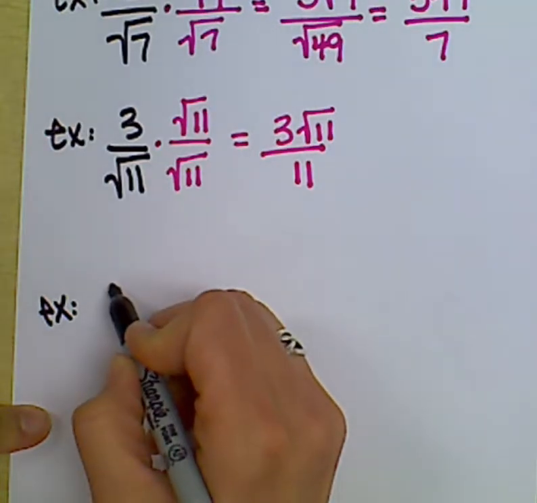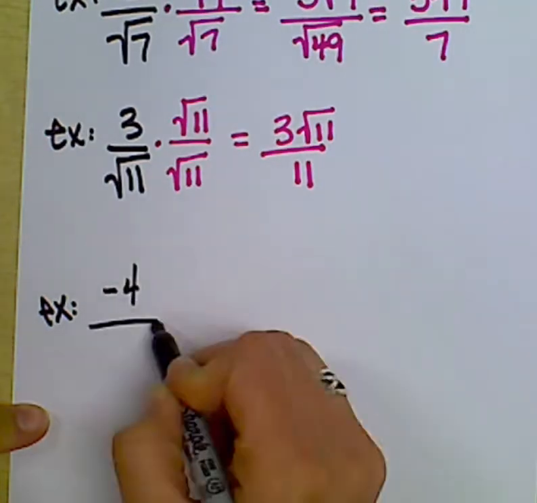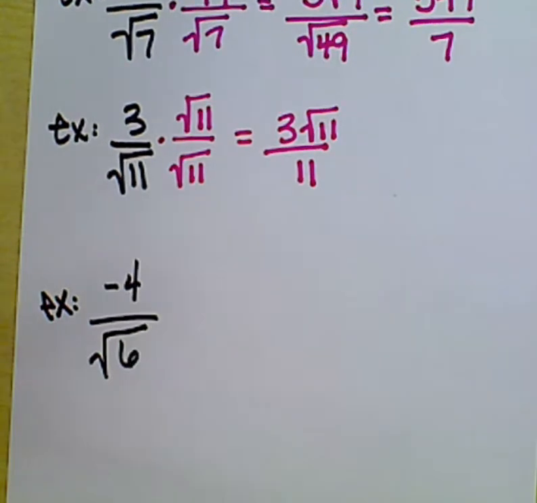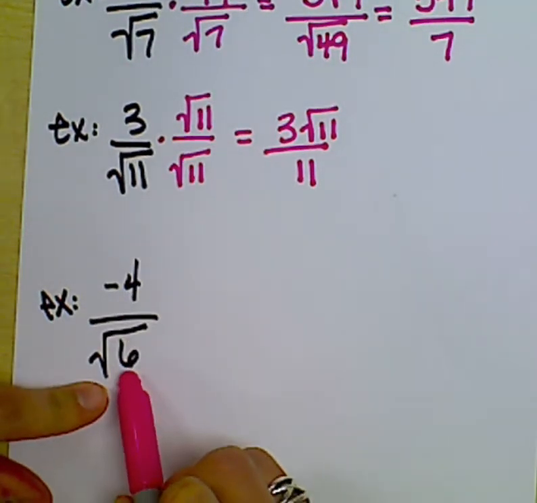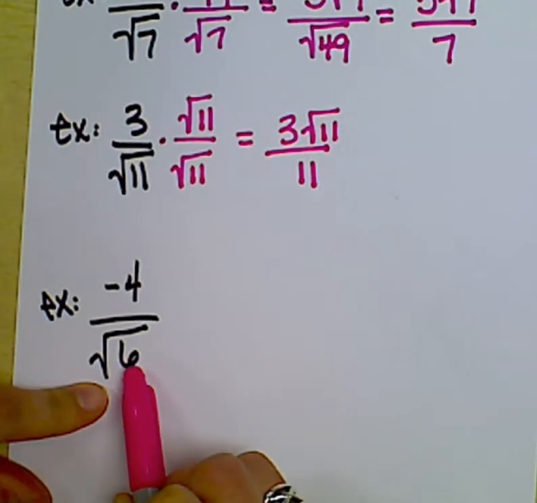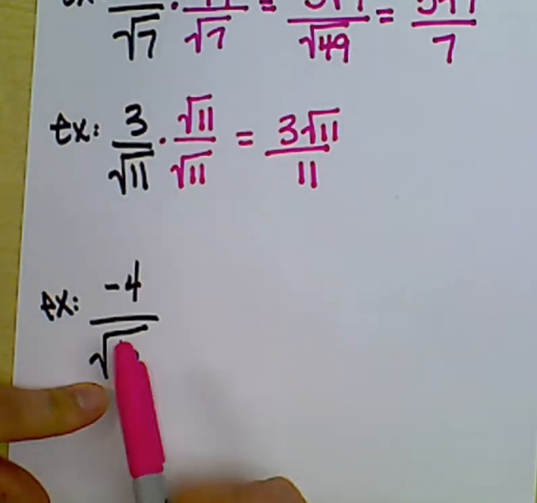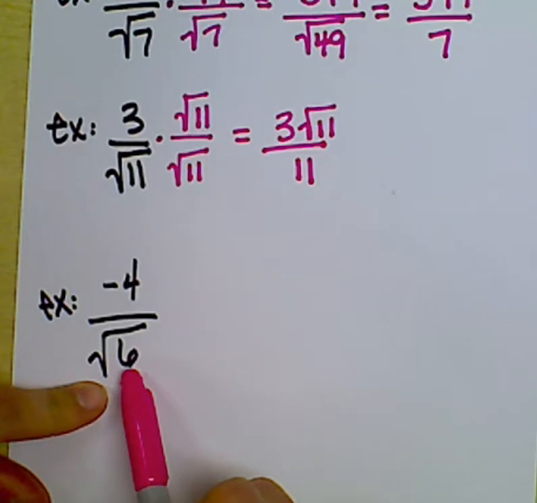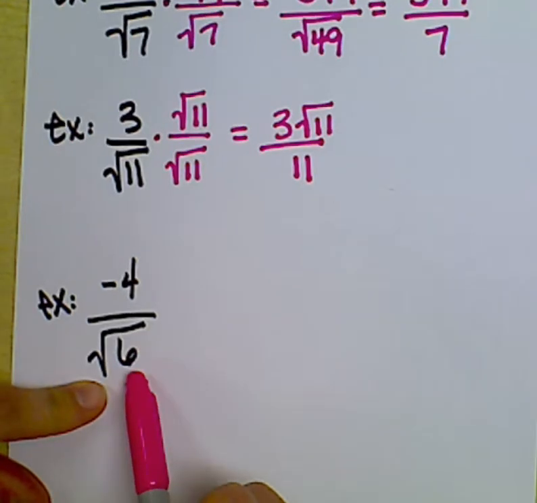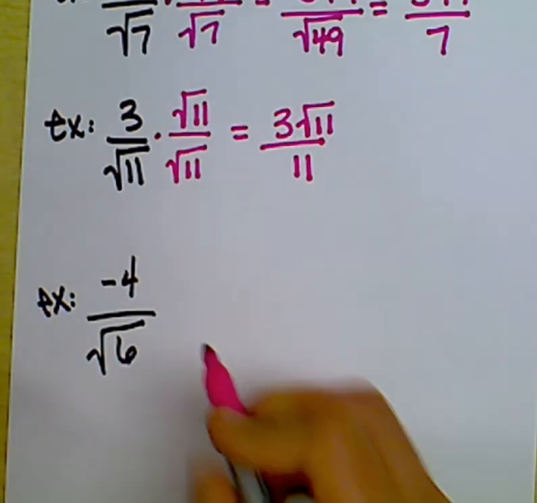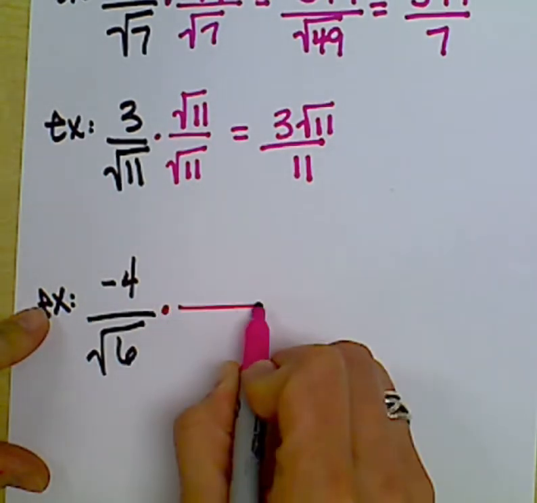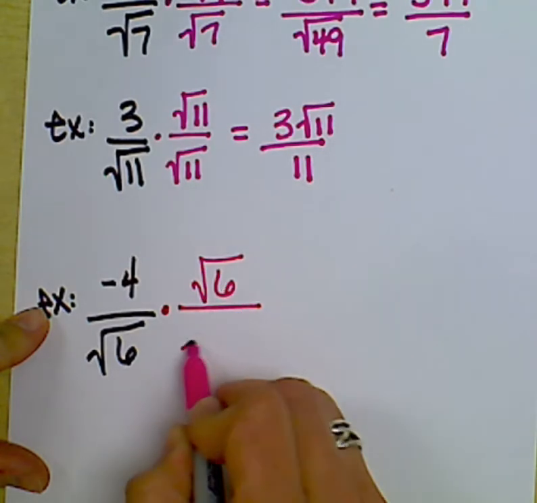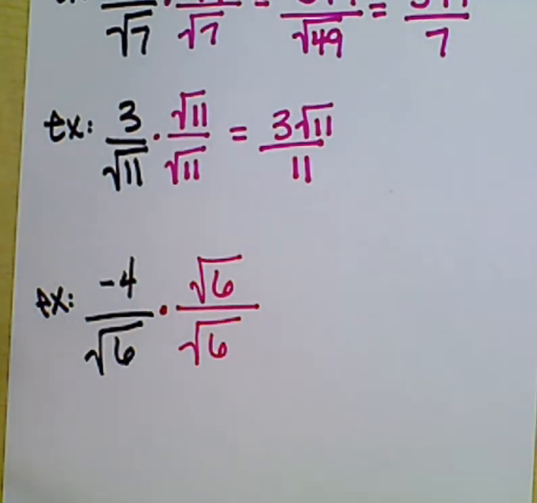So let's look at negative 4 over the square root of 6. 6 times 2 is 12, not a perfect square. 6 times 3 is 18, not a perfect square. 6 times 4 is 24, not a perfect square. 6 times 5 is 30, not a perfect square. 6 times 6, so even though 6 is not a prime number, as I go through my list, that is my only option.